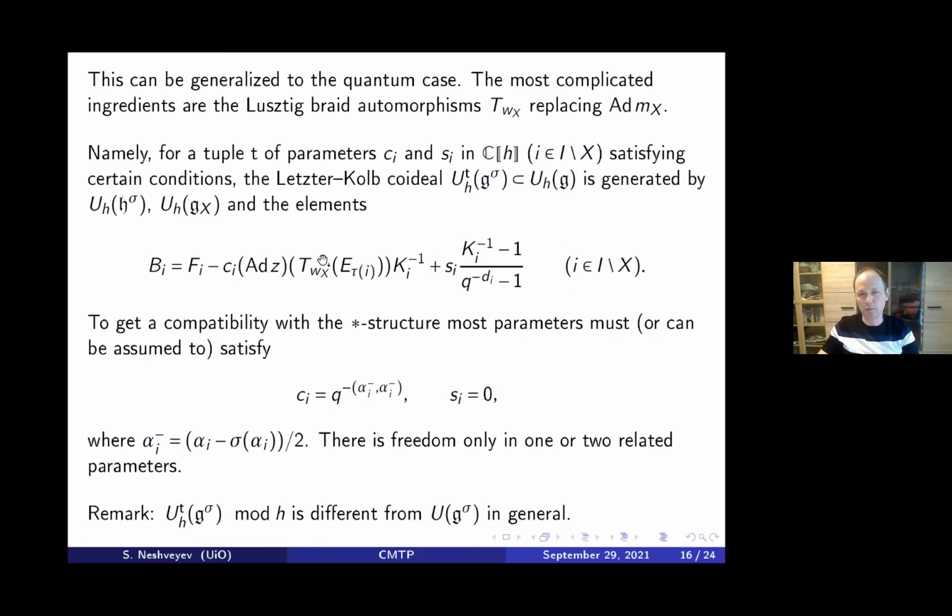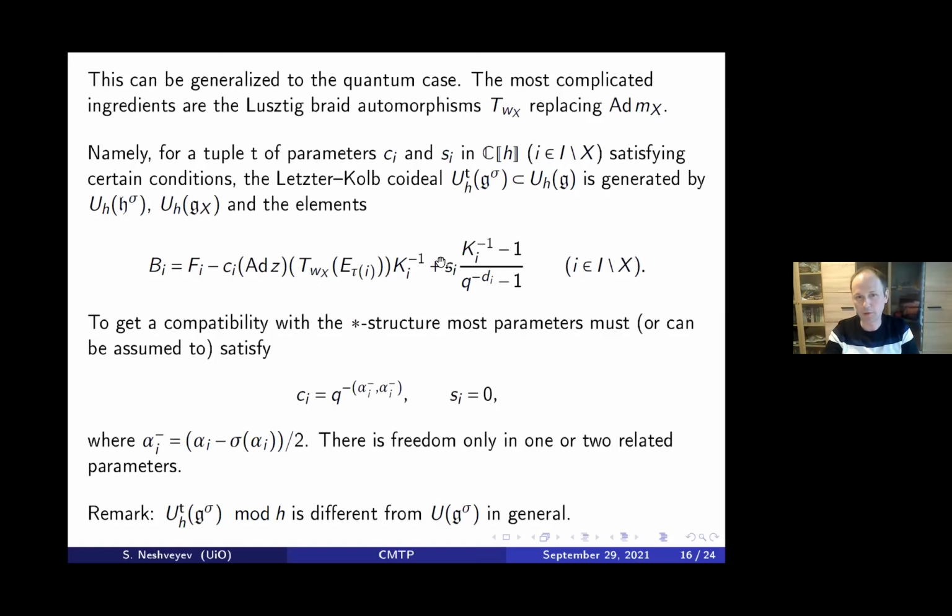But in a compact form, if you just write it as some known automorphism, then explicitly these Letzter-Kolb coideals are defined as follows. So similarly to the classical case, these are subalgebras of this quantized universal enveloping algebra generated by, again, all elements corresponding to the simple roots in X, all elements in the torus fixed by sigma, and these generators.